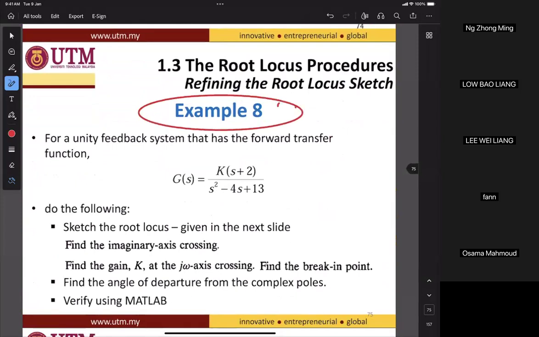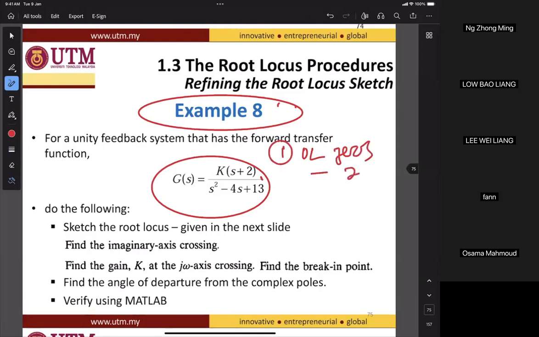For a unity feedback system that has the forward transfer function shown here, we have one open loop zero, which is -2, and two open loop poles, which are here.